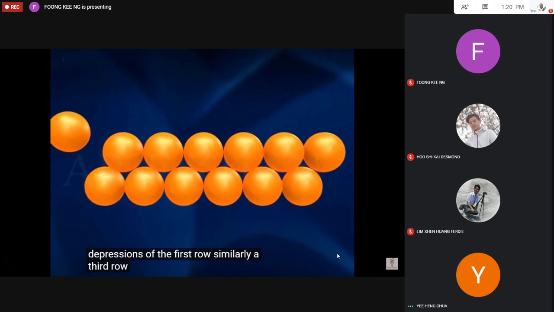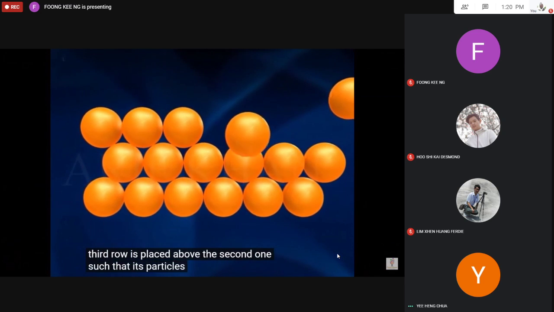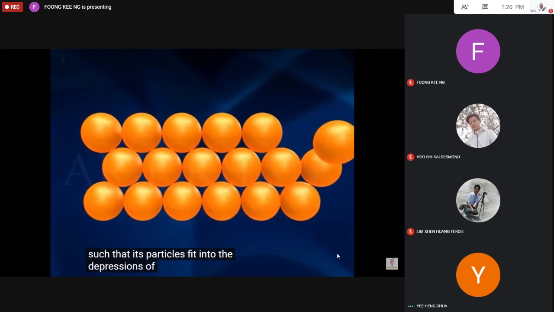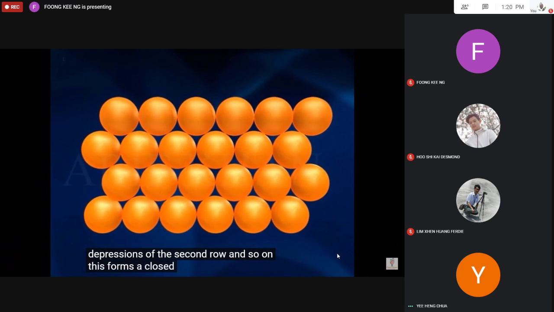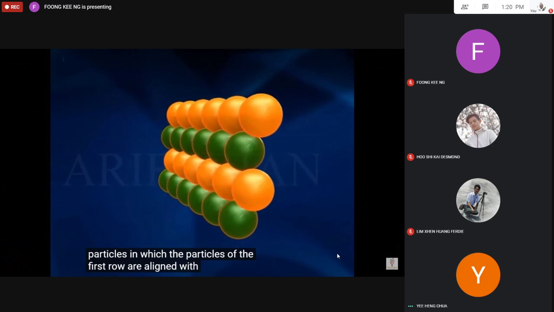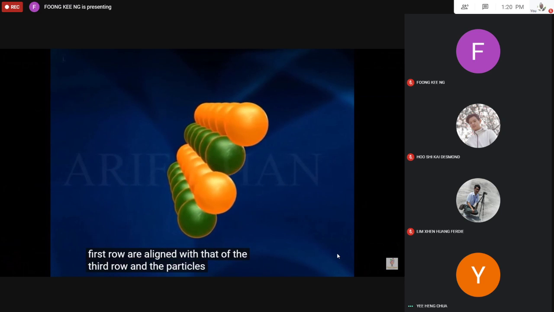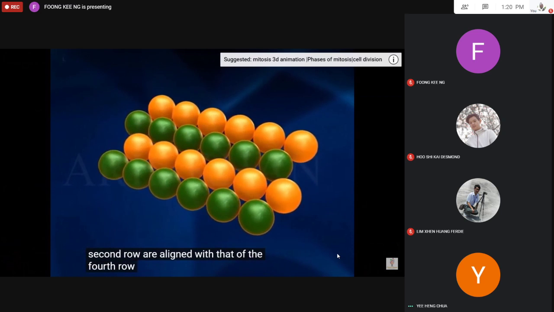Similarly, a third row is placed above the second one such that its particles fit into the depressions of the second row, and so on. This forms a close packed layer of particles in which the particles of the first row are aligned with that of the third row, and the particles of the second row are aligned with that of the fourth row.